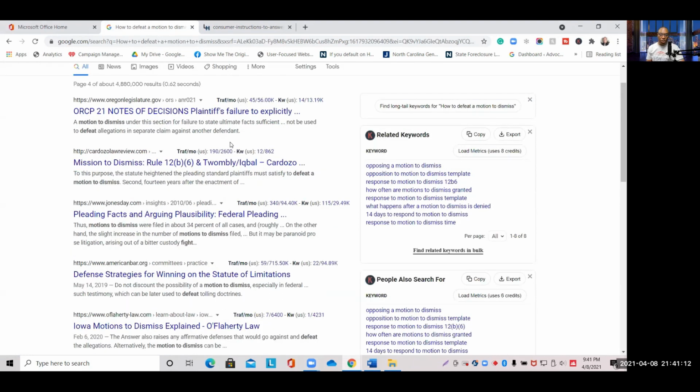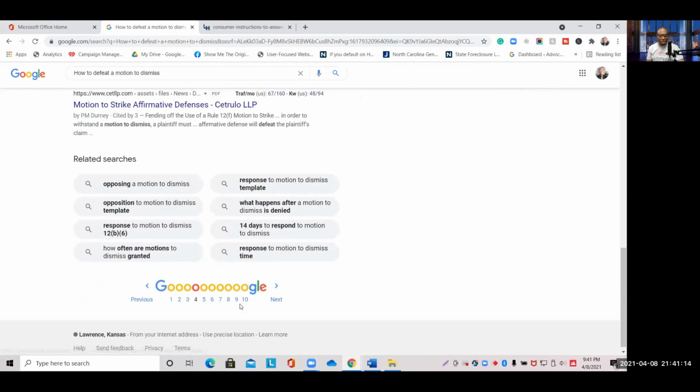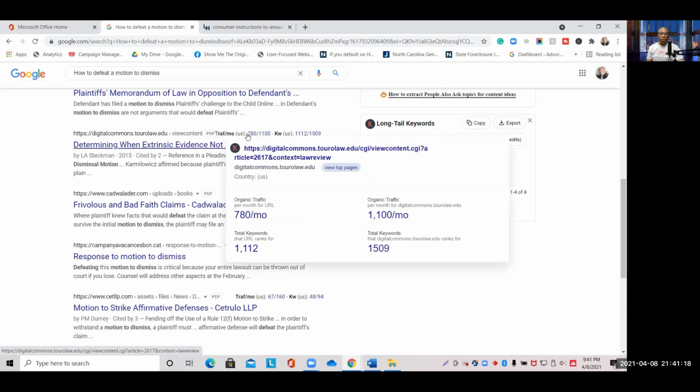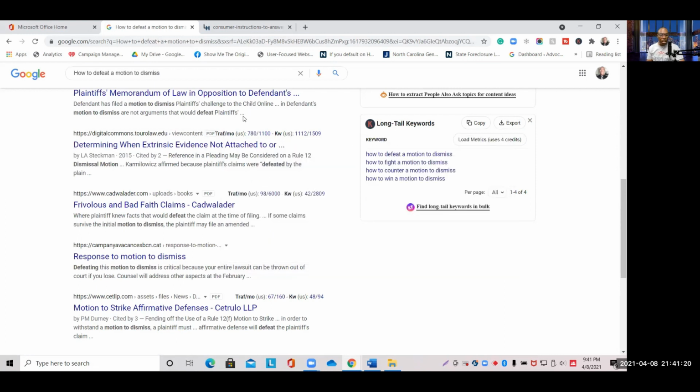And if you go back, look at all of these pages down here, all have to do with this subject. And you can find documents that other people made. You can even Google that with your state on the end and pull up motions specific for your state. It's incredible what you can do on Google. But people think you have to go to the law library. You don't have to go to the law library, people.